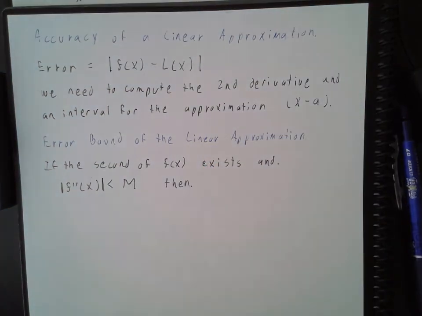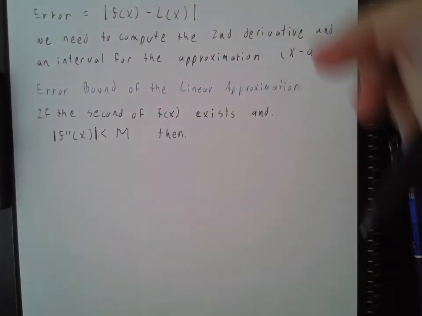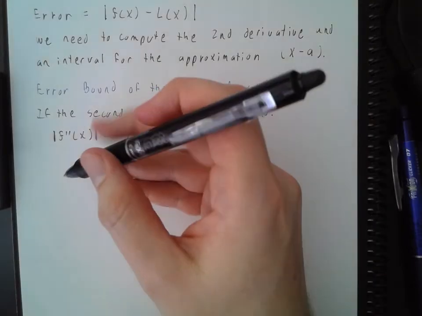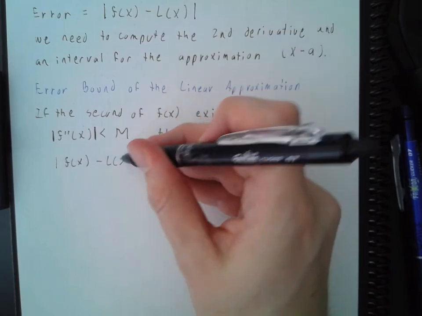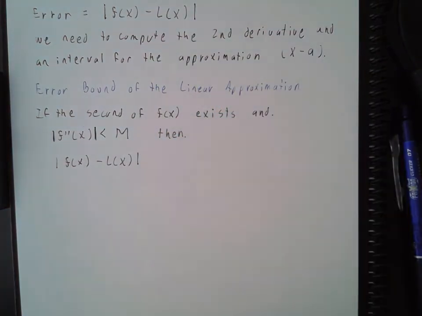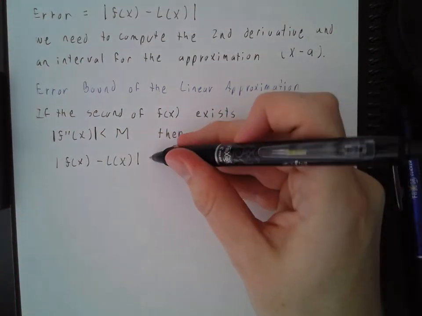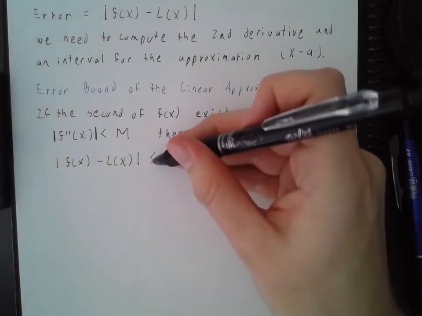This is actually quite good, and you're going to see that one way of improving linear approximations is by considering quadratic approximations, cubic approximations, but we really need to get into the topic of how to estimate the error of a linear approximation.